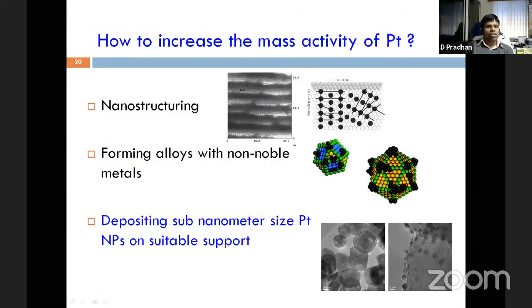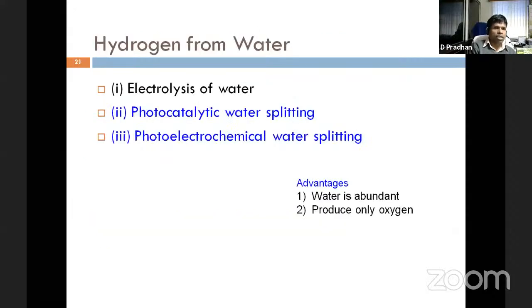Research has also been done towards increasing the performance of the platinum catalyst by nanostructuring, forming alloys with non-noble metals, and depositing sub-nanometer platinum on a suitable substrate. That is what the previous talks have also emphasized, how platinum or palladium, this type of noble metal, can be deposited in sub-nanometer size on a suitable substrate to reduce the quantity used and still get performance.